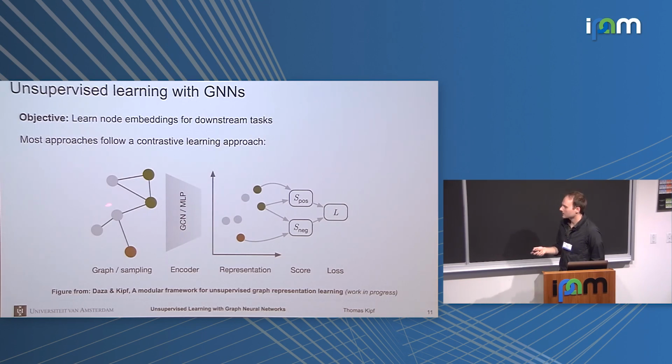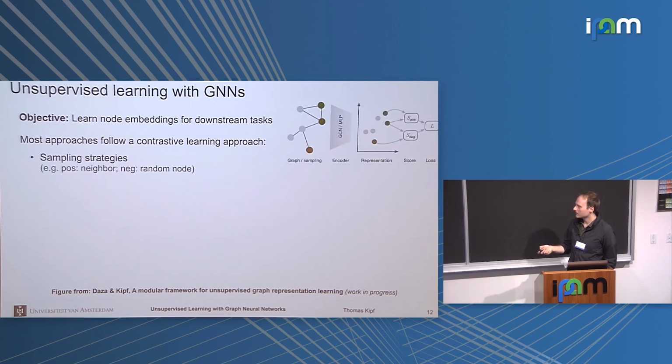So you would have a sampling component here that samples some negative examples, and then you score your positives, you score your negatives, and then you feed it into some kind of loss function. All of these components you can freely choose, and there are many published frameworks that use a certain combination of these. So for the sampling strategy, you can, for example, take a positive sample as just a direct neighbor in the graph, and a negative sample as a random node.